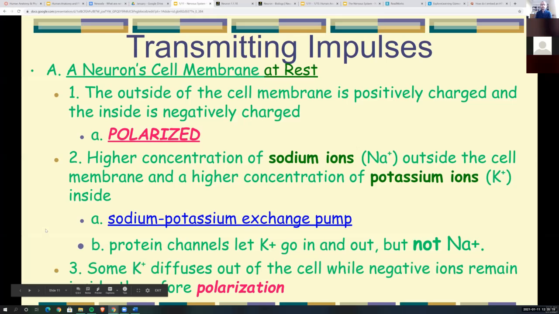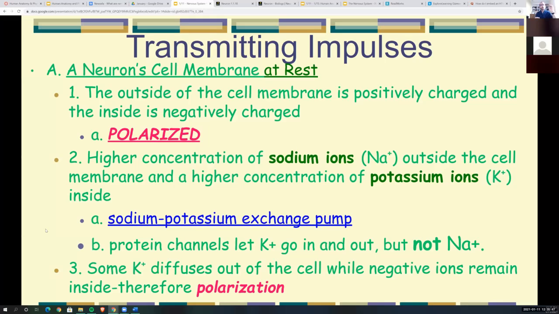Potassium, that's the K+, it denotes that we're talking about potassium. It also tells us that it has a positive charge, just like the Na+ tells us we're dealing with sodium, which has a positive charge. Potassium diffuses out of the cell while negative ions remain inside. Therefore, we have what is called polarization.